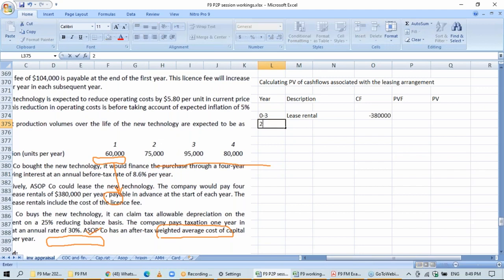So the first tax saving will occur in year 2, and then 3, 4, and 5. So till 5 years, the tax savings will occur, from year 2 till 5.